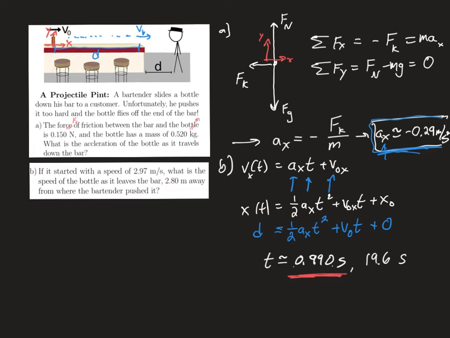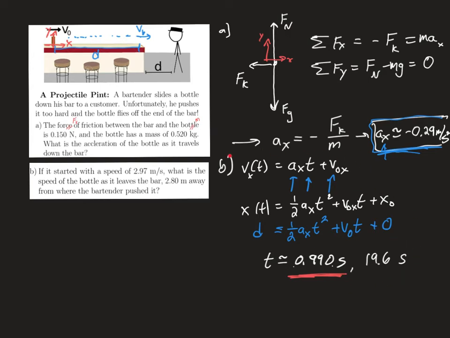That obviously, like in a real case, static friction would take over and kinetic friction would go away, but that's not what this problem knows about. It only knows about the acceleration being negative. So it's going to keep going, it's going to slow down to a stop, and then it's going to slowly speed up and go backwards and then return to that same point at some later time, and that time is 19.6 seconds.